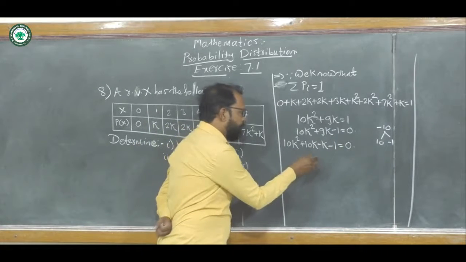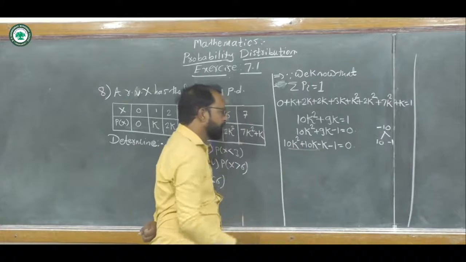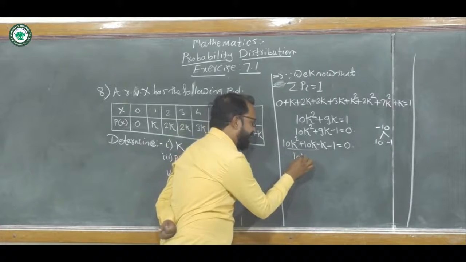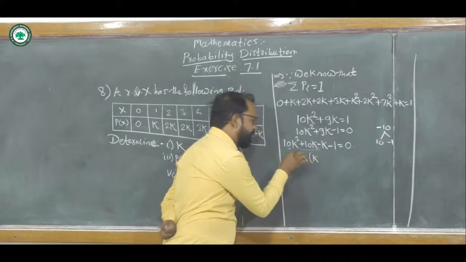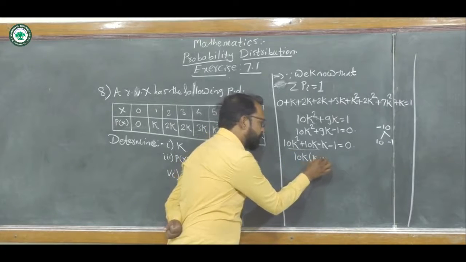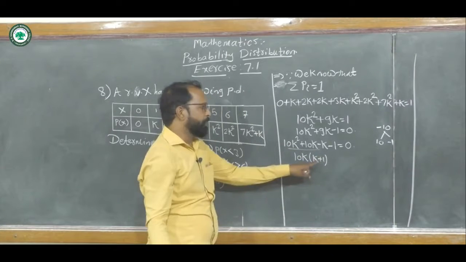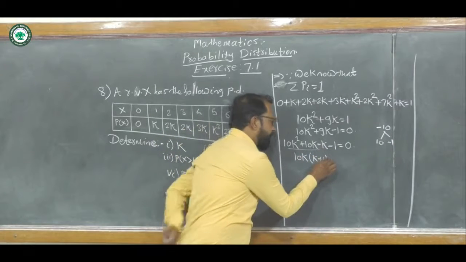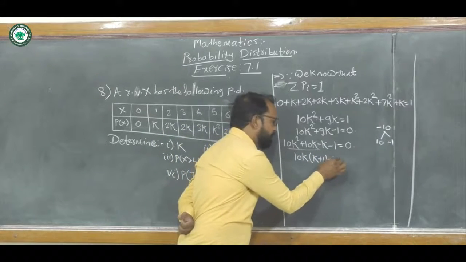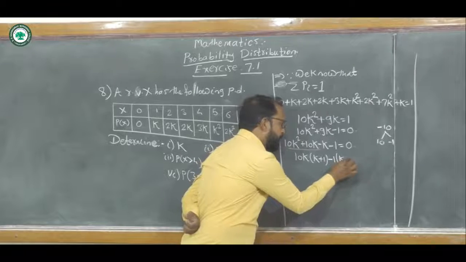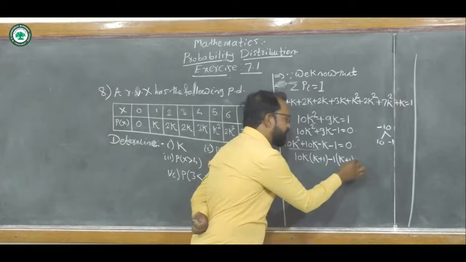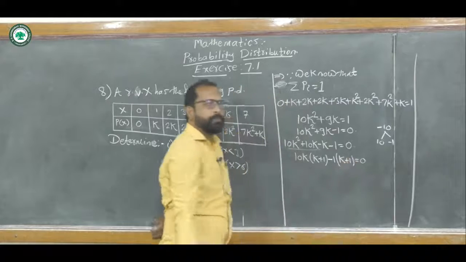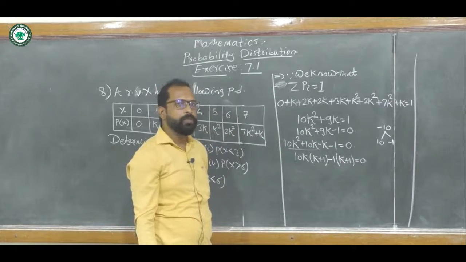Taking 10k common from the first two terms, we get 10k into bracket k plus 1. Now from the last two terms, take the negative sign common, so minus 1 into bracket k plus 1 equals 0.